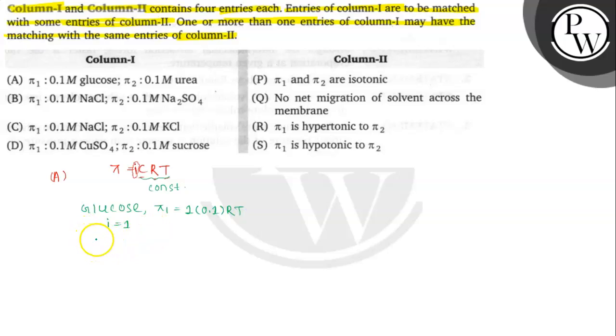And urea is also a non-electrolyte, so for urea also the i value is 1. So pi 2 is 1 into 0.1 into RT. R is universal gas constant, T is temperature. So pi 1 equals pi 2 in case of A. Now B.